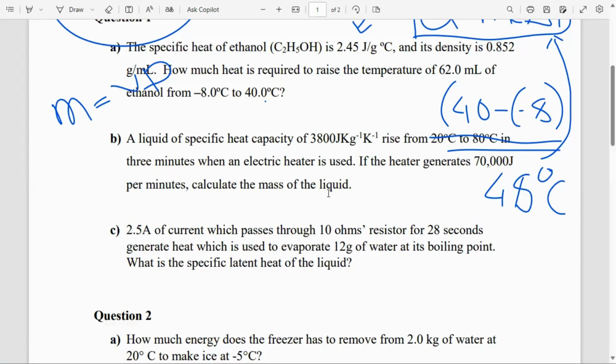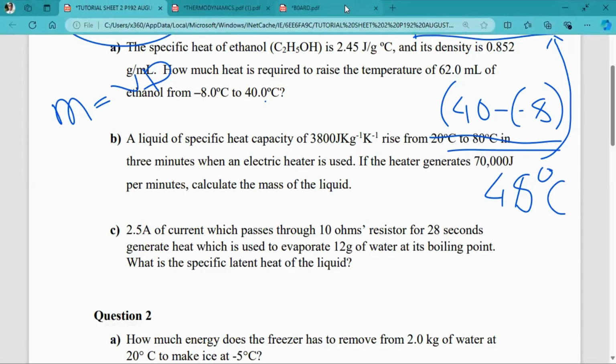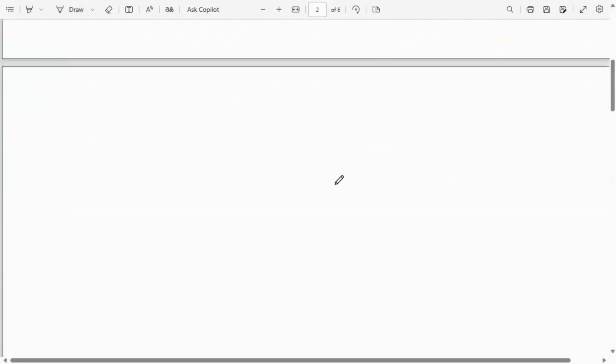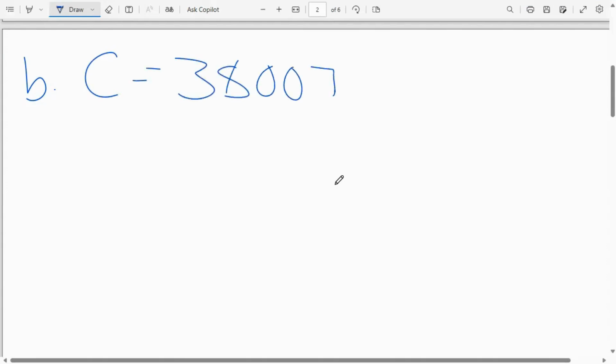So let's collect our data. This is question B. We have specific heat capacity, which is C, and this is equal to 3,800 joules per kg per Kelvin.